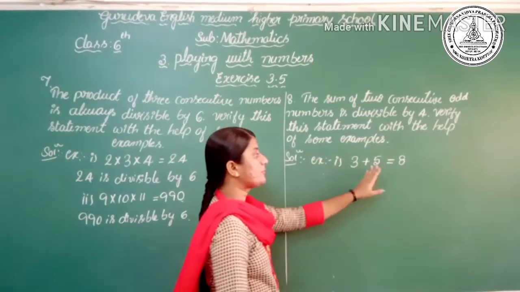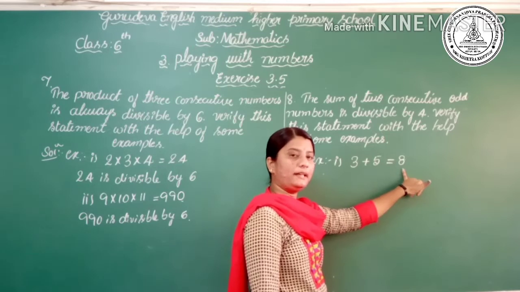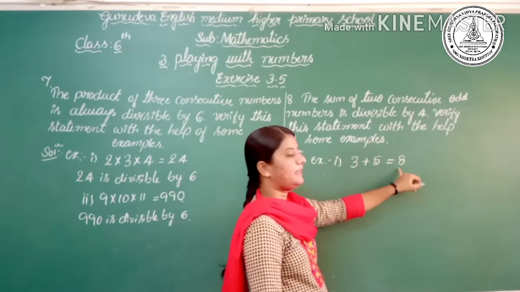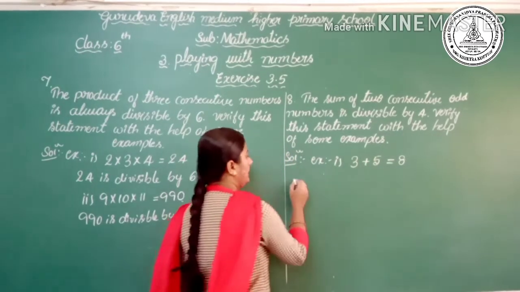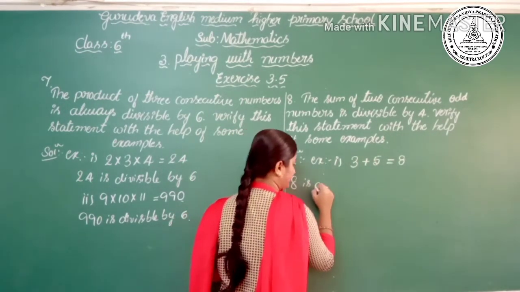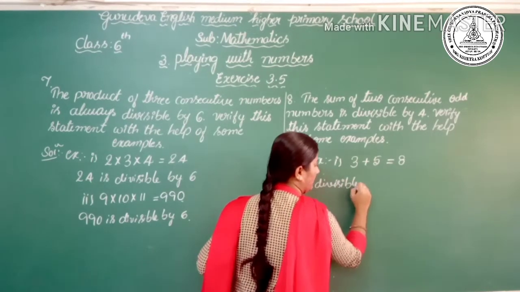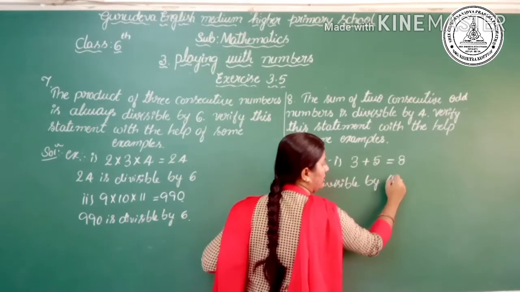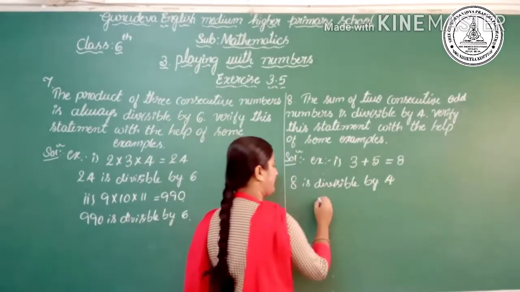Yes, the sum of two consecutive odd numbers is 8. Then 8 is divisible by 4. Okay, it's right: 8 is divisible by 4.